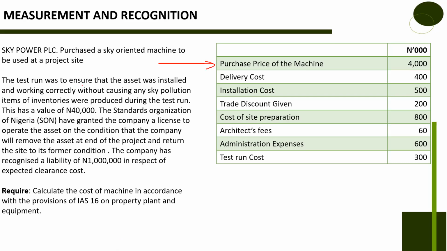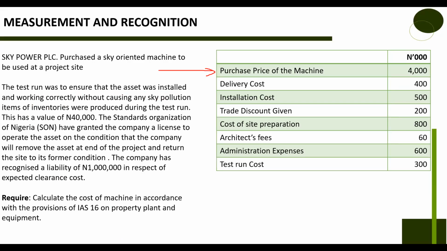This test run was to ensure that the asset was installed and working correctly without causing any sky pollution. Looking at this information on your screen, which items are we going to use as cost, and which one are we not going to use?